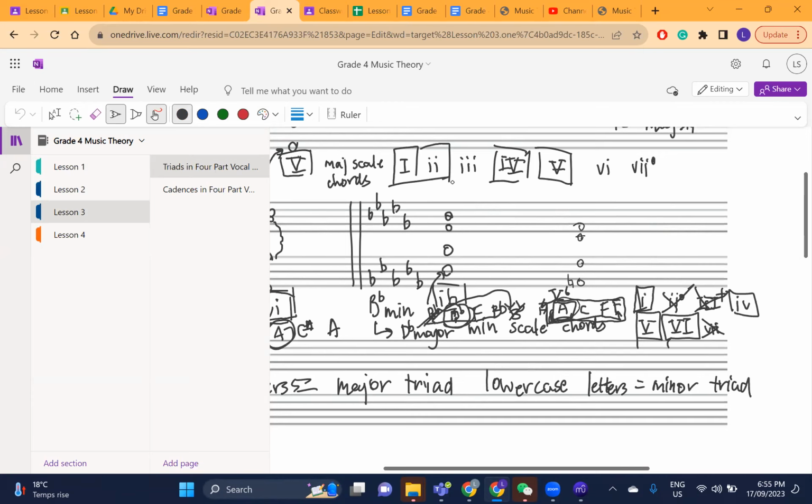Okay, so with chords in first inversion, which are notated with a 6, it means essentially that, recall, this is a root position.